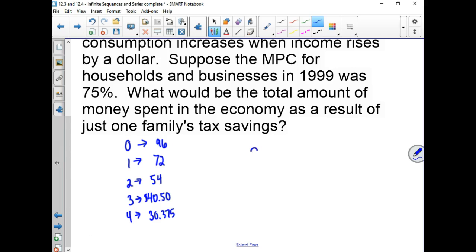So we would do that with that formula, S equals A sub 1 over 1 minus R. So S equals, our initial amount was $96. What is our R? It's 0.75. So that would be 96 over 0.25, which gives us $384.